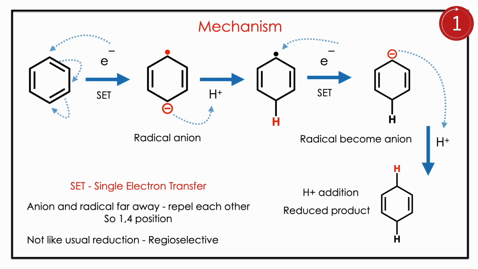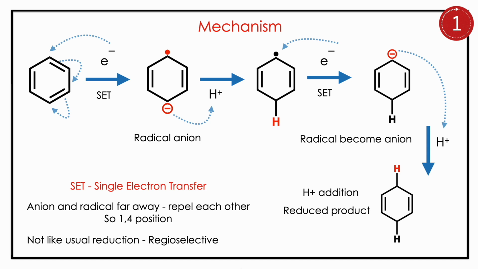Then the mechanism. Here the electron in ammonia is used, so electron transfer happens. Basically it's a SET reaction, a single electron transfer reaction. So electron mobility happens and it forms a radical anion. The radical and anion, both being electron rich, try to stay as far away as possible, so it forms a para relation.